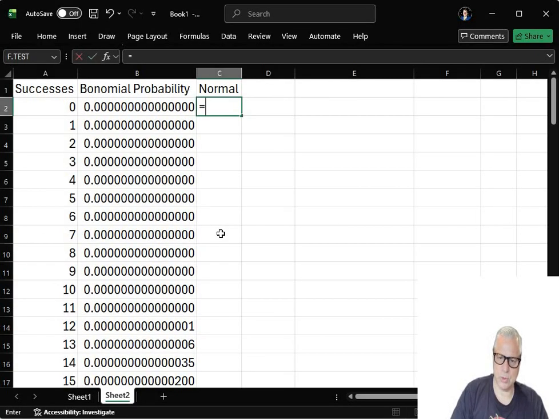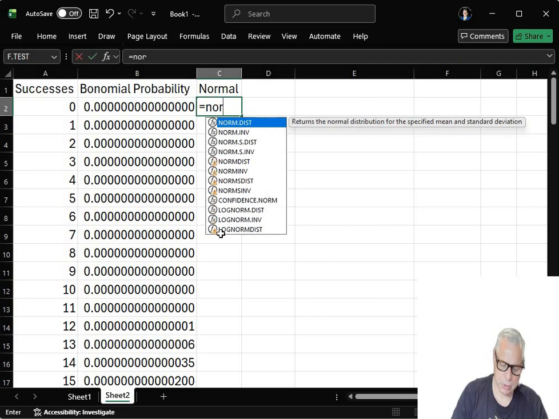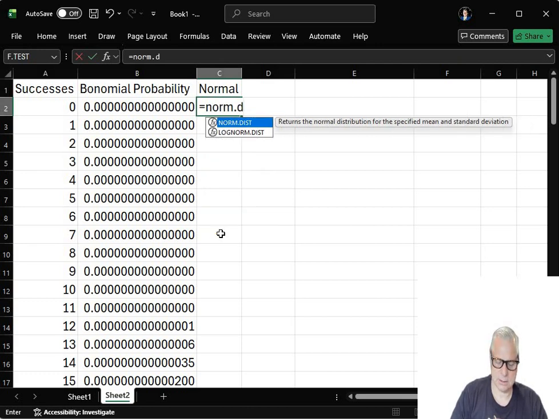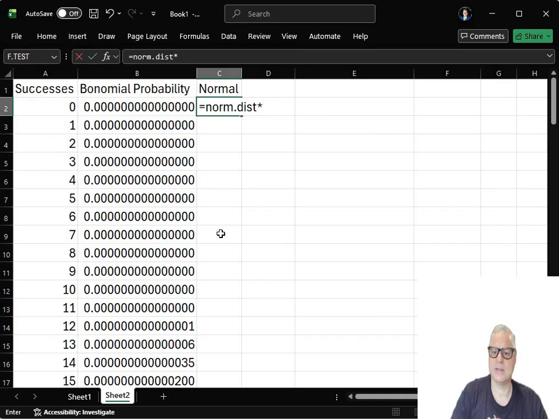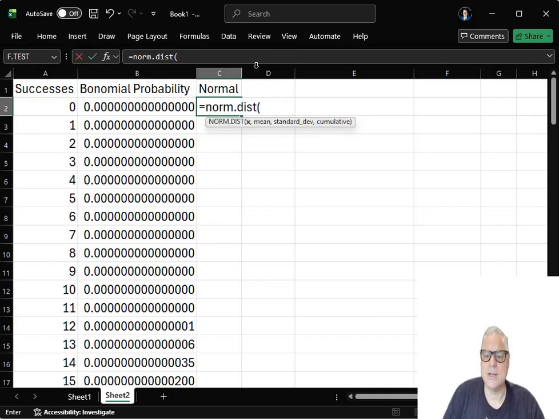The way to do that is now to use the formula norm.dist, not s.dist. Norm.dist, open parentheses, and then you see Excel wants to know, okay, this 0 comes from a distribution with what mean?